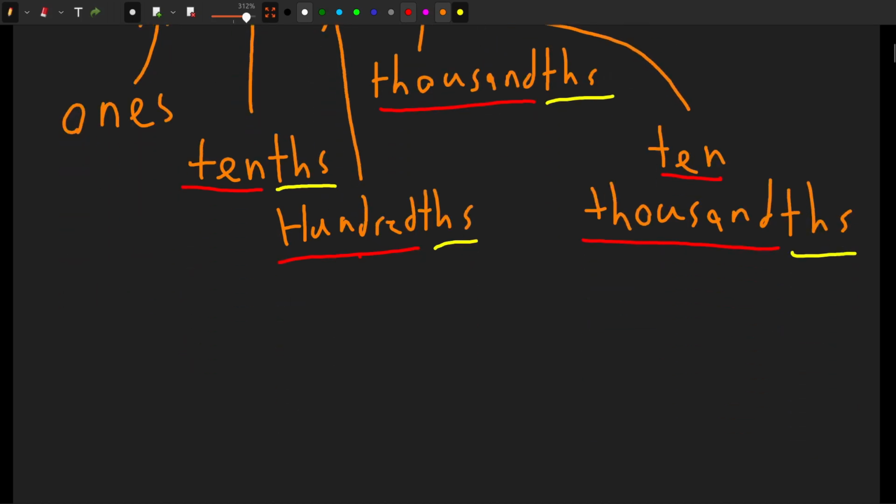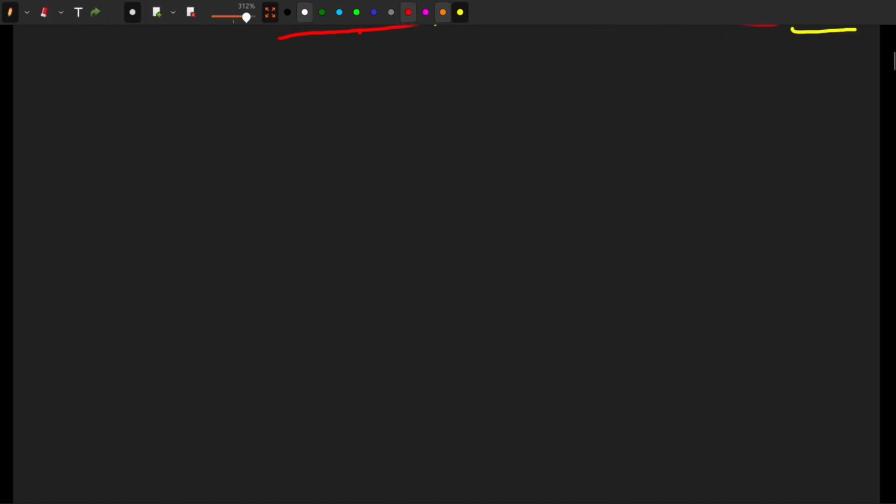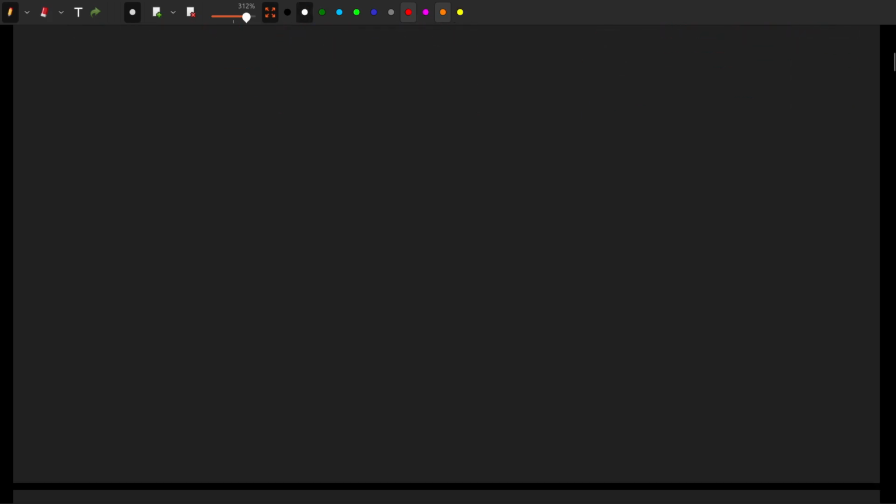So I'm going to go ahead and scroll down, and we'll start off by working with addition. So if I have 0.24 and I want to add 0.15, here's what we need to do.